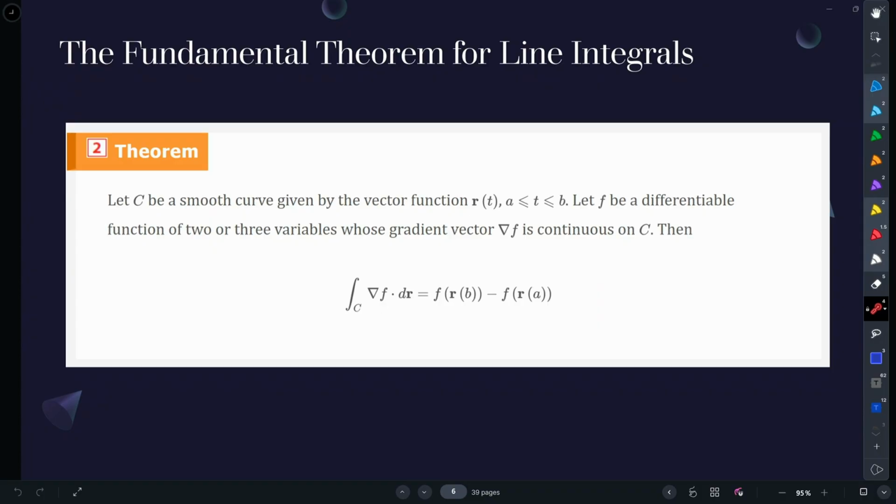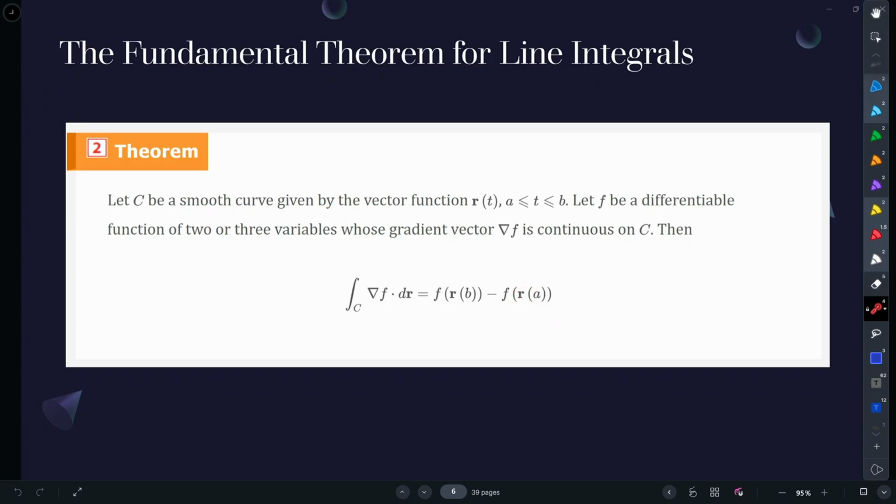line integrals. If you have a smooth curve parameterized by r of t, and you have a differentiable function f of two or three variables such that the gradient is continuous on that curve, then the line integral of that vector field, which is the gradient field, is equal to the difference of the values of the function f at the endpoints of your path.